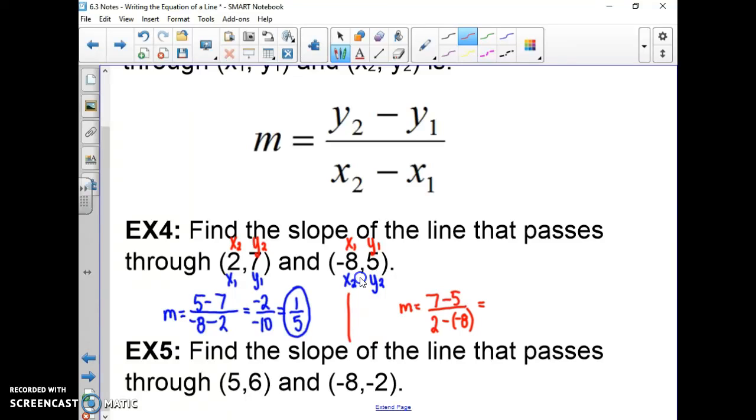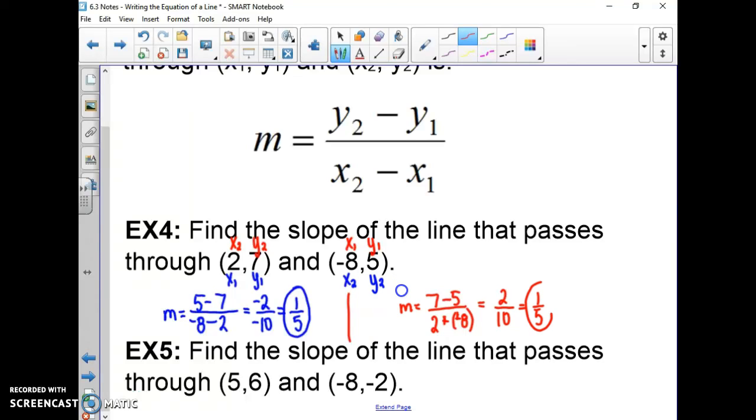So 7 minus 5 is 2. And 2 minus negative 8, when we have minus and negative 8 here, we'll have to make those both positive. So this is really 2 plus 8, which gives us 10. And 2/10 reduces to 1/5.